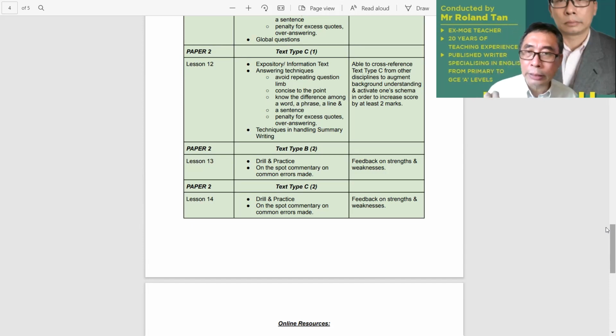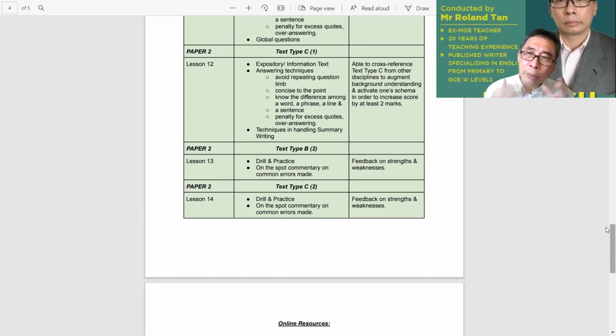cross-reference text type C from your other disciplines to augment your background understanding, because these are information texts and the subject is usually something that you would have read materials on in your 10 years of education. So there's no excuse really for you to be totally uneasy about the subject matter.